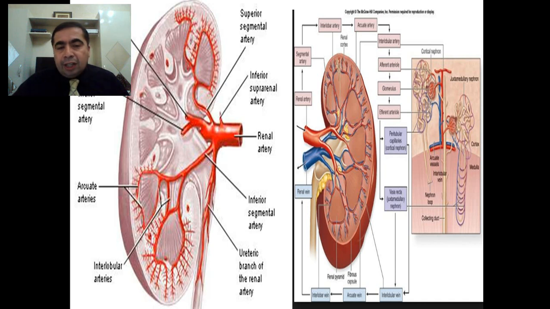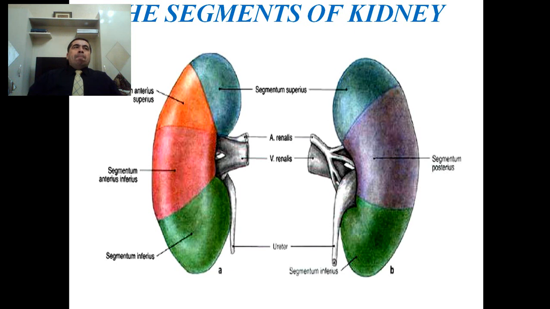And each renal artery, when it enters the kidney, divides into the segmentary arteries. There are five segmentary arteries in each kidney, and it explains why each kidney is divided into five segments: the segmentum superius, segmentum anterius superius, segmentum anterius inferius, and the segmentum inferius. The fifth segment is called the segmentum posterius.